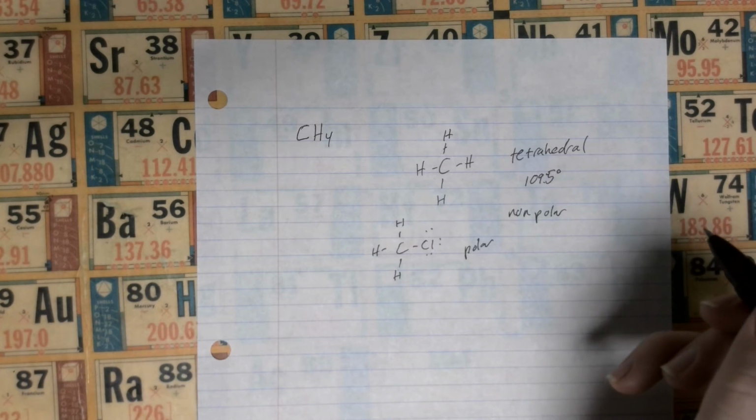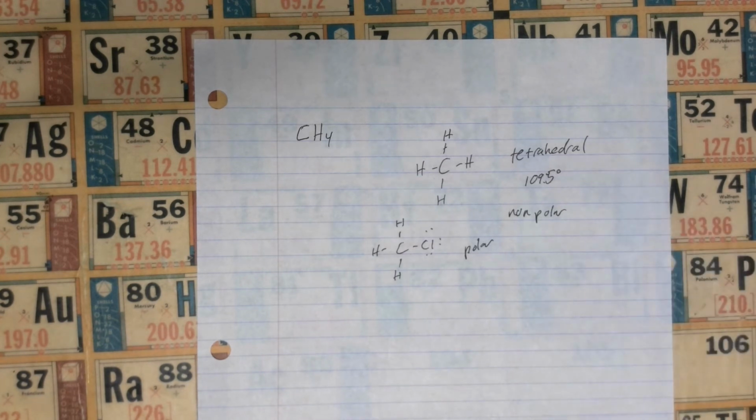So things you want to look for in terms of polarity are lone pairs on a central atom. Most of the time, if there are lone pairs, it's going to be polar. And then you want to look for asymmetrical molecules. If it's asymmetrical, that means that one side is going to be pulling harder than the other, and it's going to cause it to be polar as well.